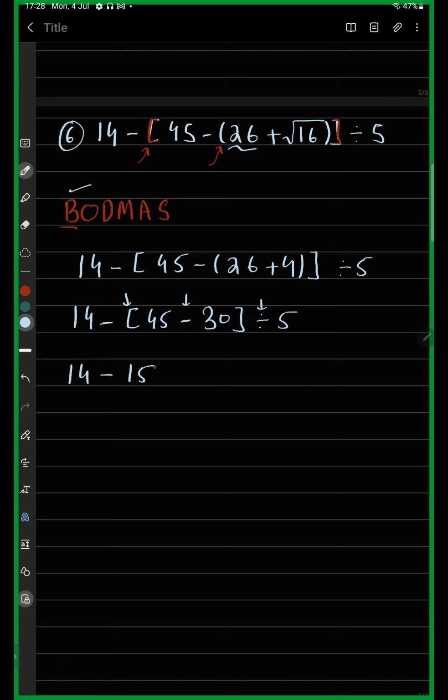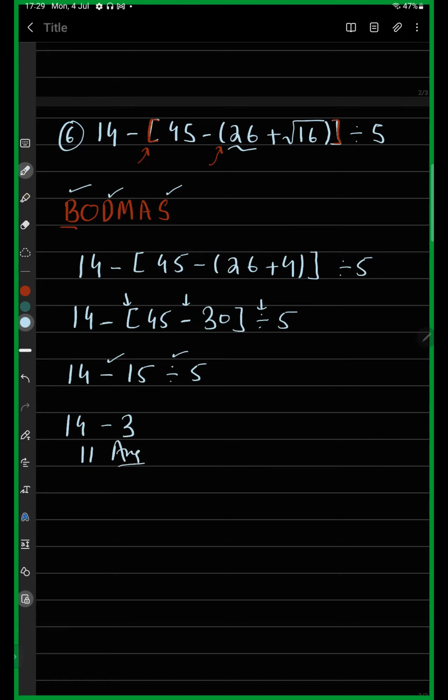It is 15 divided by 5. Now at this point, I have subtraction and I have division. So division comes first and subtraction comes at the end. So first I would be dividing. 14 would come as it is, minus would come as it is. 15 divided by 5 would give you 3, and 14 minus 3 would give you 11. So this is going to be the answer.